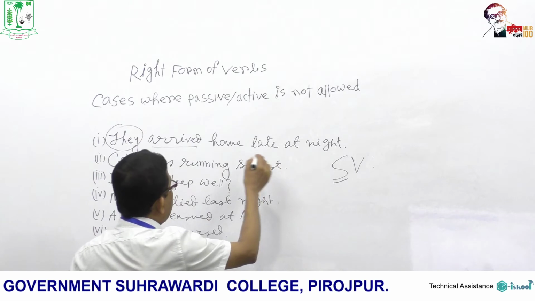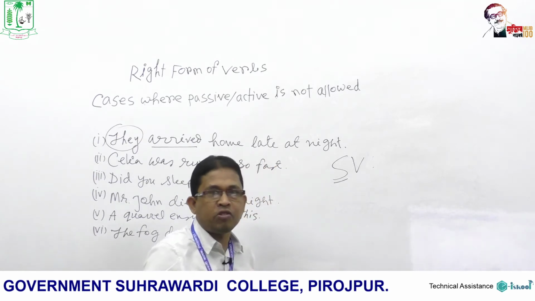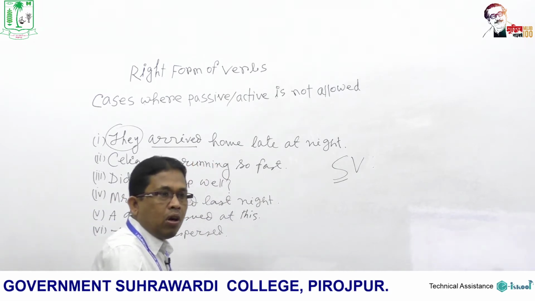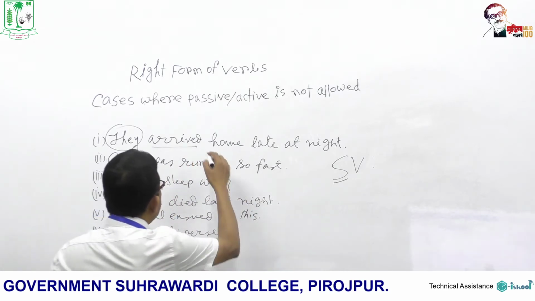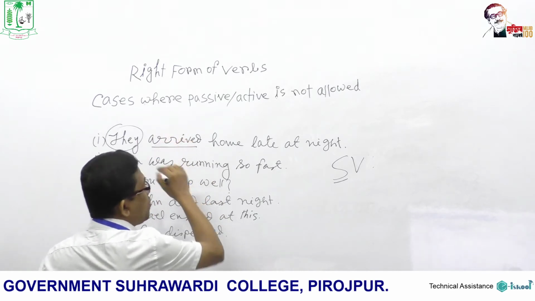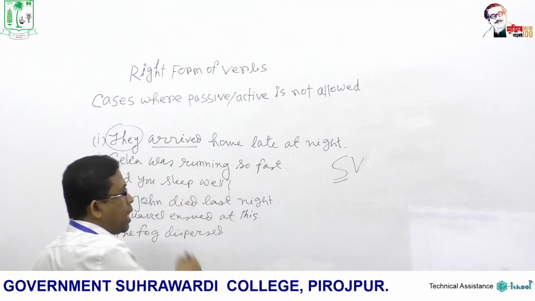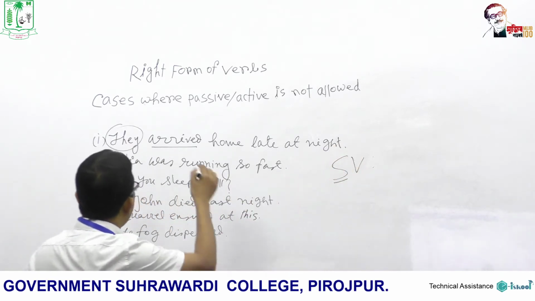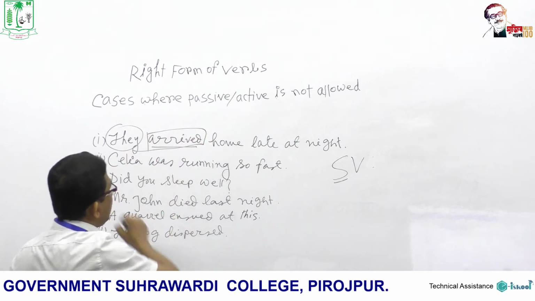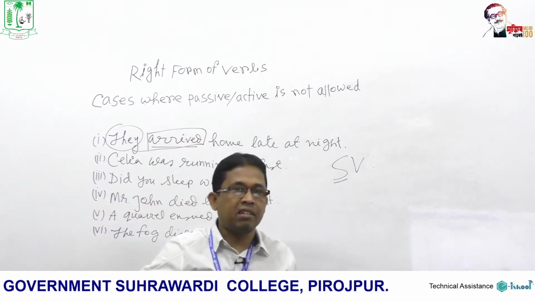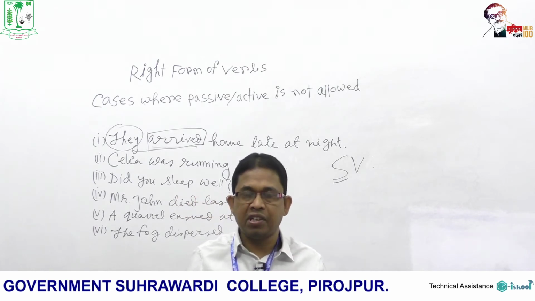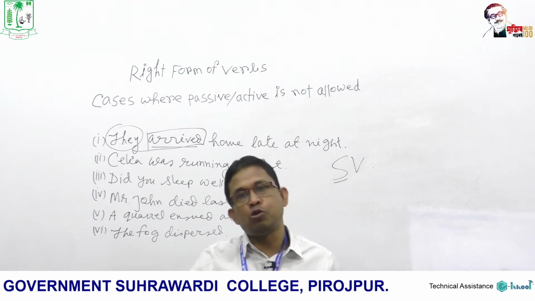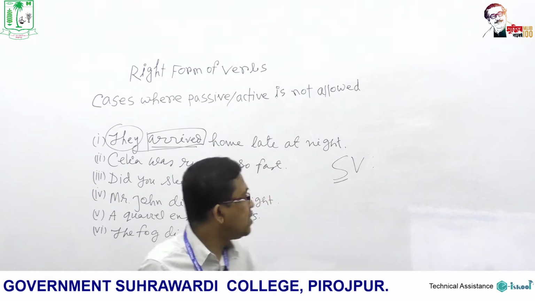And home late at night is not an object. So in this sentence we are getting no object, and arrive is an intransitive verb. Arrive doesn't take an object, and that is why arrive is called an intransitive verb, and it should not be used in passive.